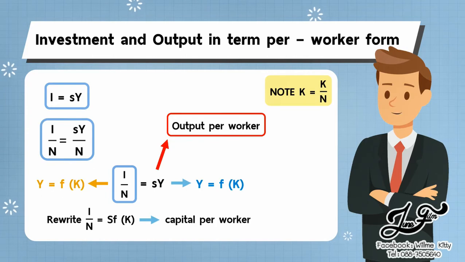According to the production function, small y equals the function of k. Hence, I divided by N equals s times the function of small k, which comes from K divided by N.